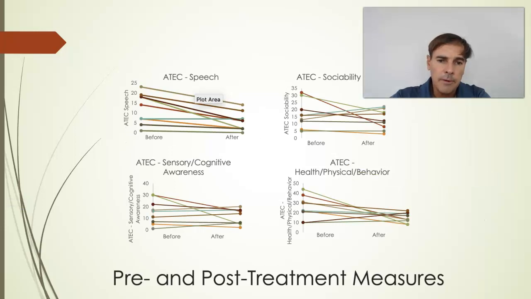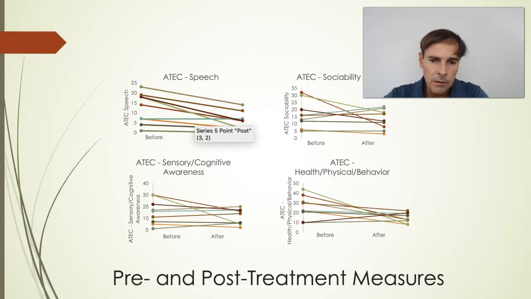The Autism Treatment Evaluation Checklist was the measure that she used to assess behavioral change before and after intervention, and these are the main domains they assess: speech, sociability, sensory cognitive awareness, and health and physical behavior. Lower scores indicate improvement, and you can see that some of the changes are not that significant, but some are.